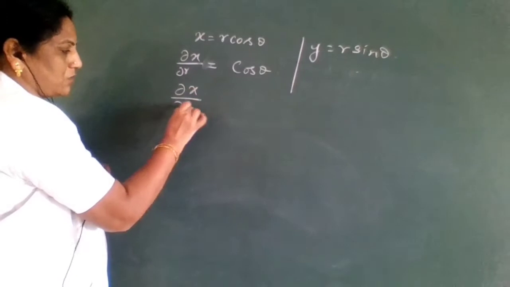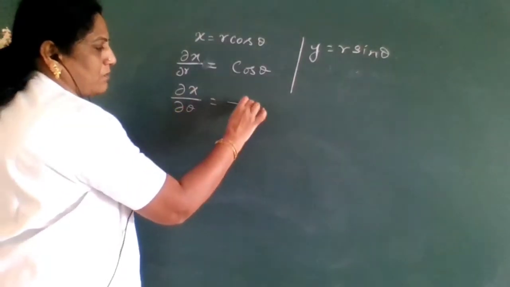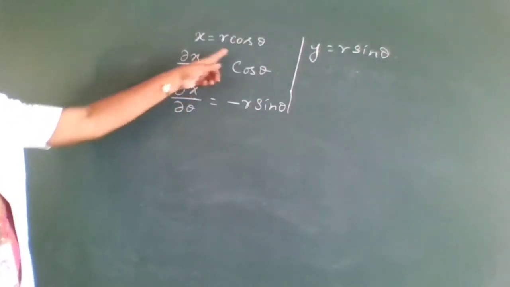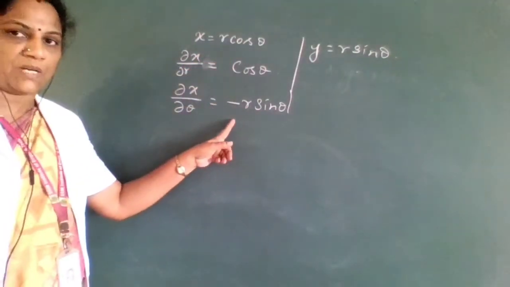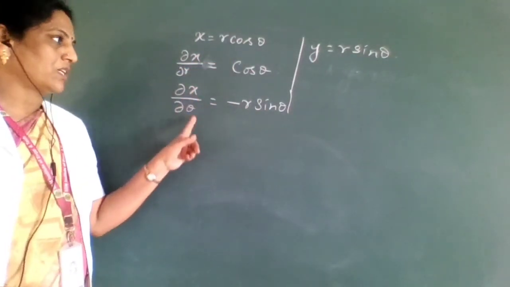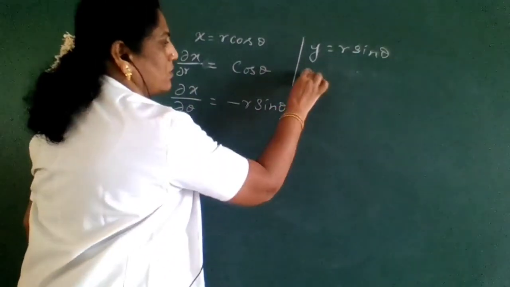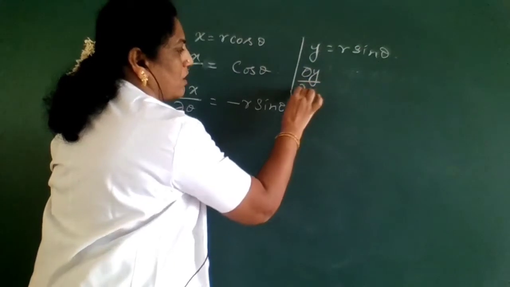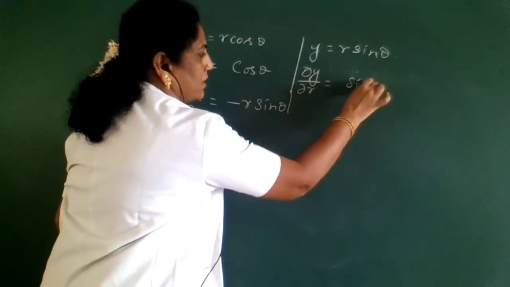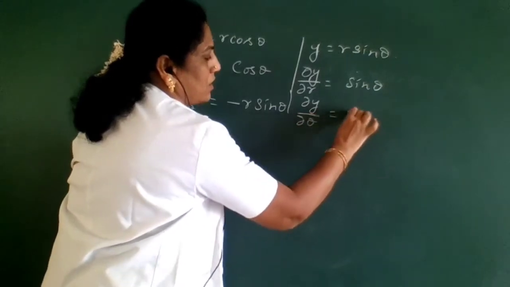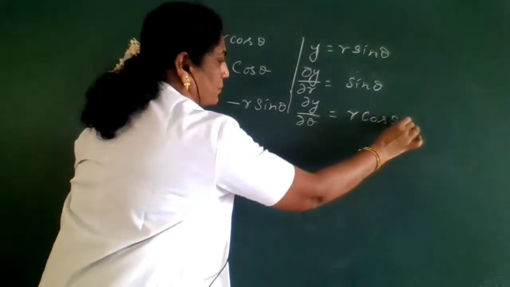And ∂x/∂θ equals minus r sin theta, because the derivative of cos theta is minus sin theta. Also ∂y/∂r equals sin theta, and ∂y/∂θ equals r cos theta.